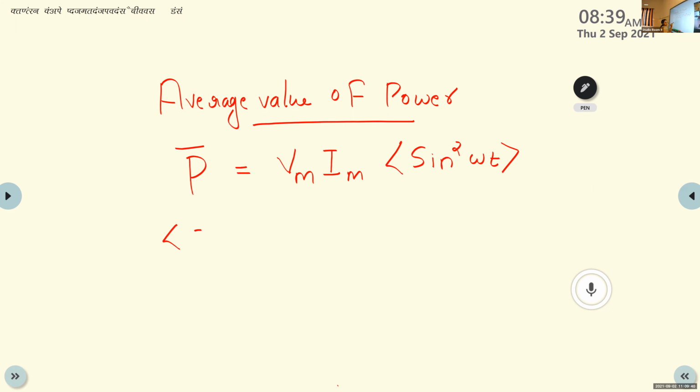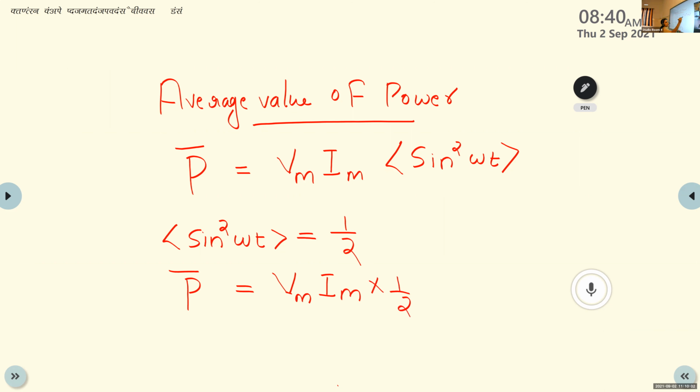But the value of the average of sine square omega t is equal to half, 1 by 2. Then the average value of power becomes P bar is equal to Vm Im into 1 by 2.